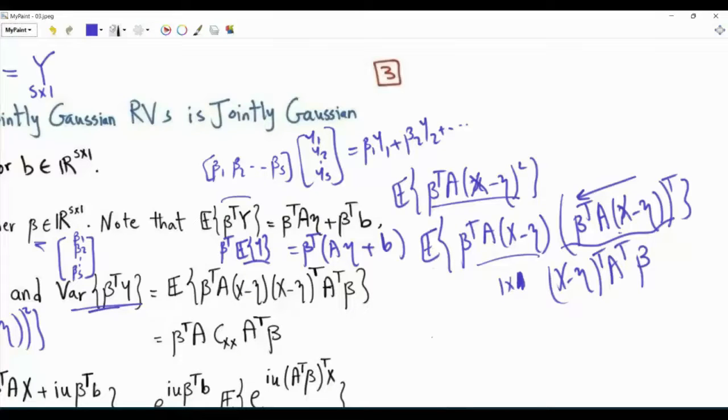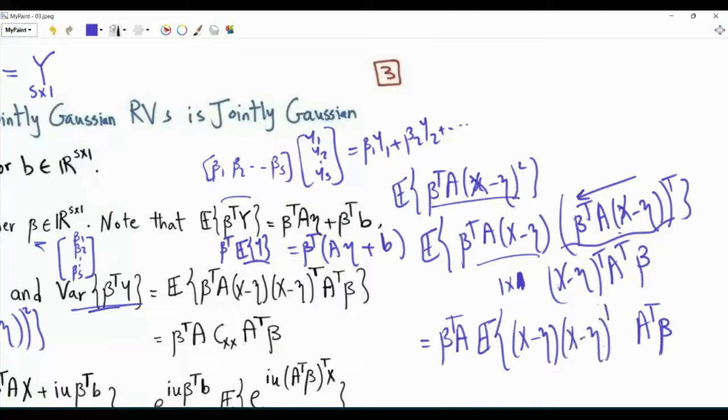And so when we apply expectation, those guys are deterministic. So let's take them outside to the left and to the right. And then we end up with the expectation of x minus eta times x minus eta transpose. This is our matrix from the first slide.